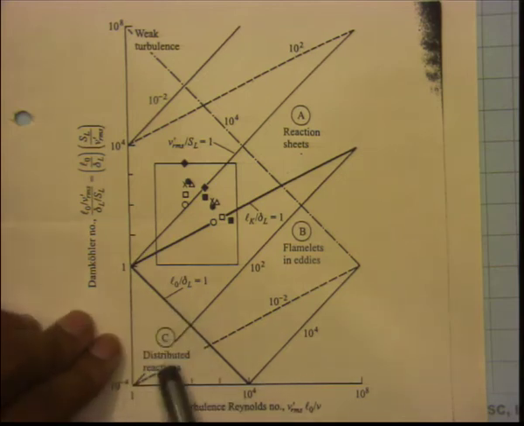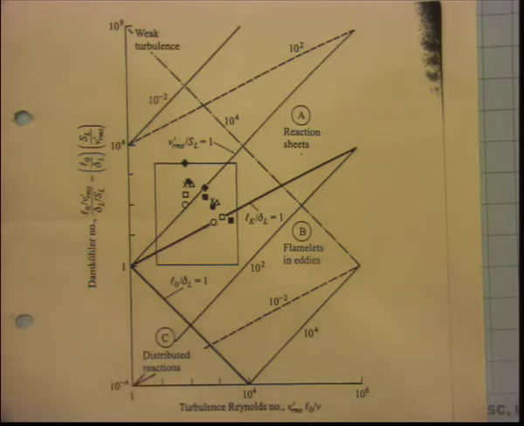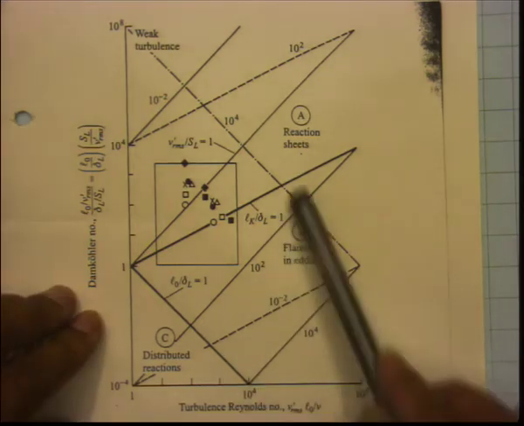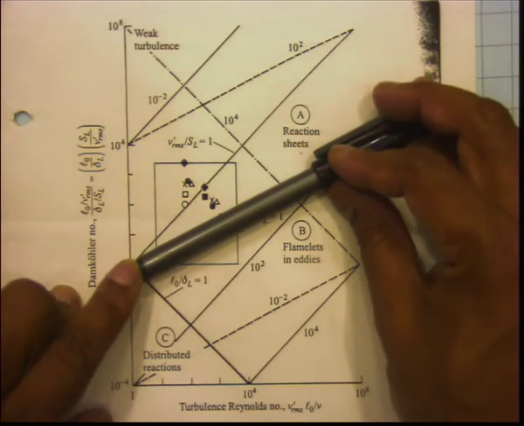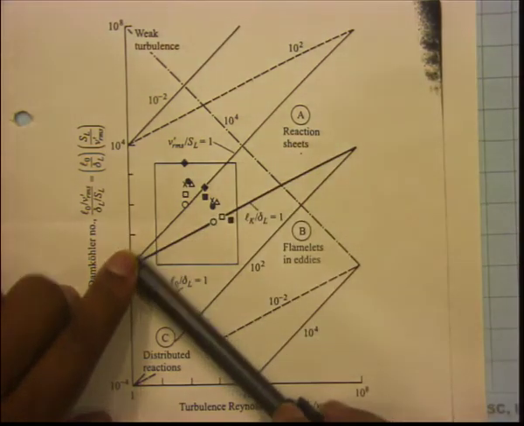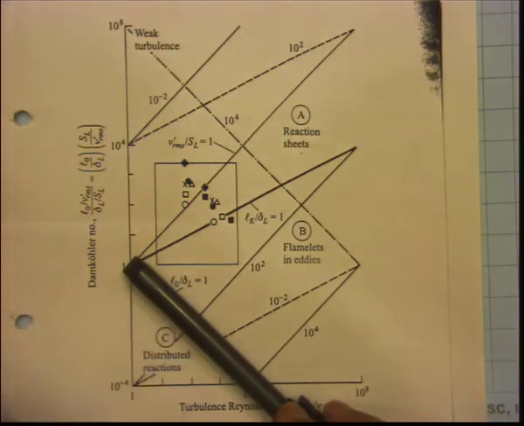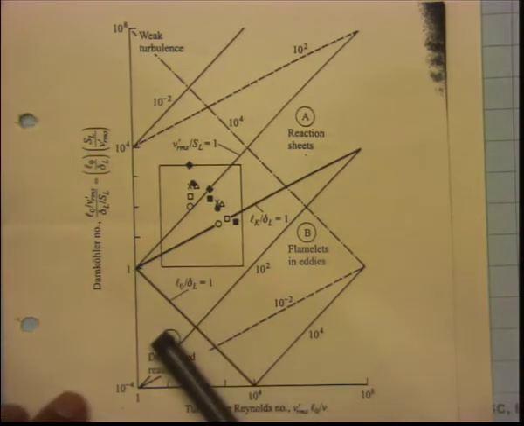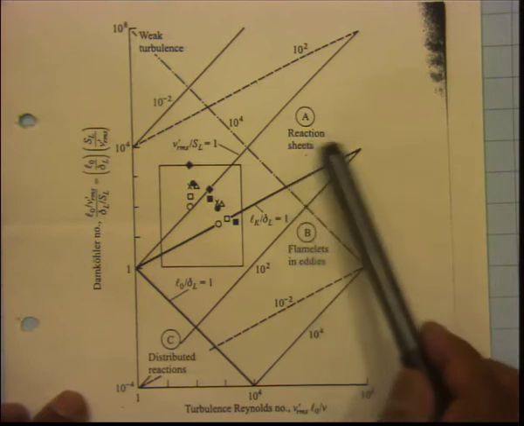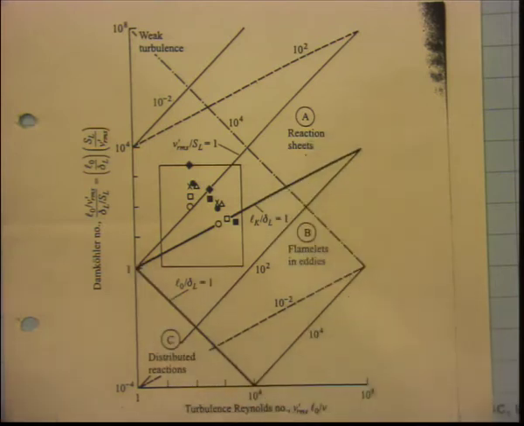That is how you reach here. Then there was an intermediate regime which we called flamelet in eddies, between these two lines. So, above this line is the wrinkled reaction sheet, below this line is distributed reactions, and between these two solid lines is flamelet in eddies.